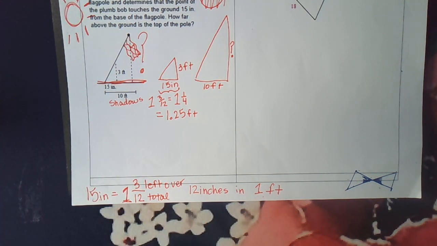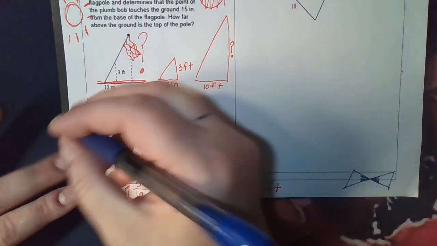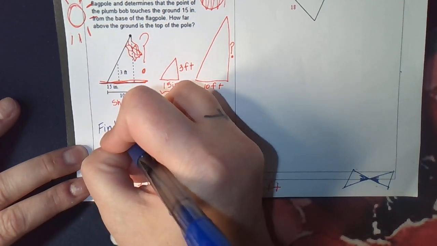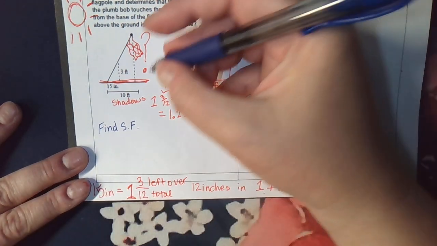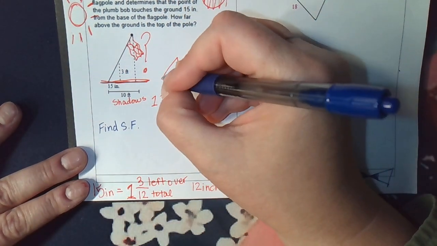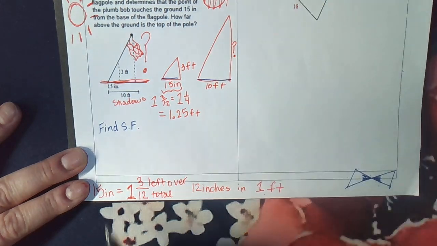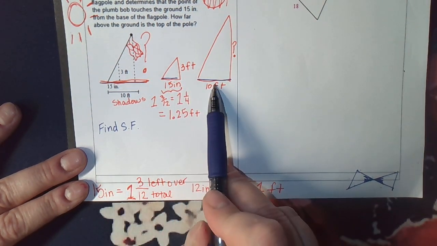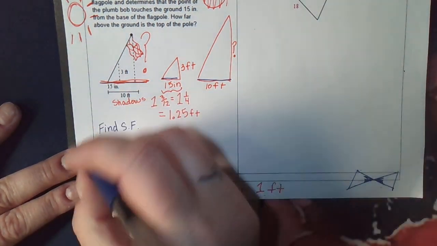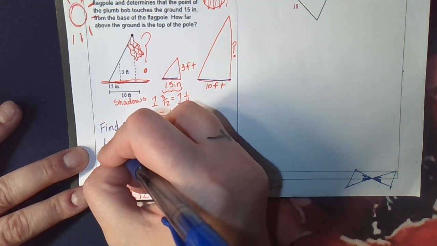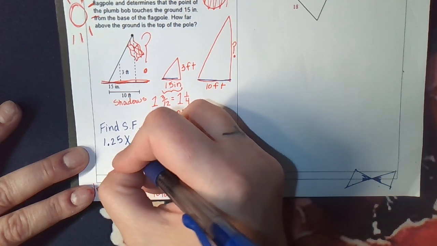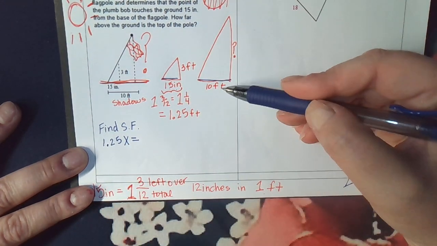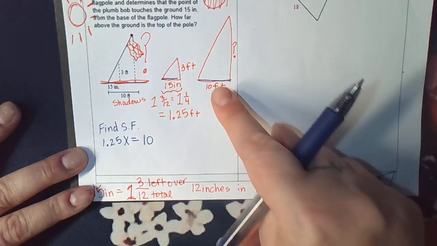We have to ask ourselves, what is the scale factor? To get the scale factor, we take matching pieces of the triangles, which are the bottom pieces, and we say, to get from one to the other, what do you have to do? Well, we take 1.25 from the small one, and we multiply it times an x to get this 10 on the right.